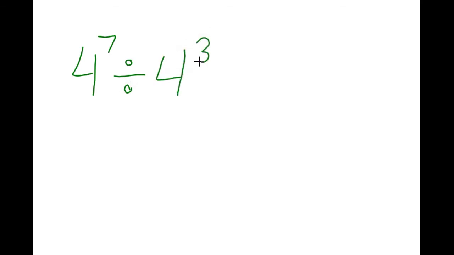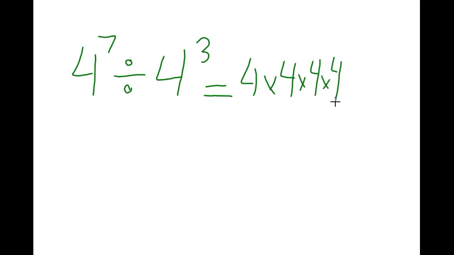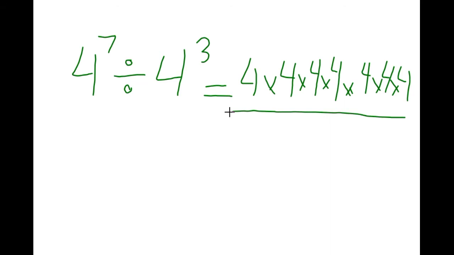If you expand this all in this form, like 4 to the power of 7, 4 times 4 times 4 times 4 times 4 times 4 times 4 over, that means it's being divided by what? This is being divided by 4 to the power of 3, which is 4 times 4 times 4.